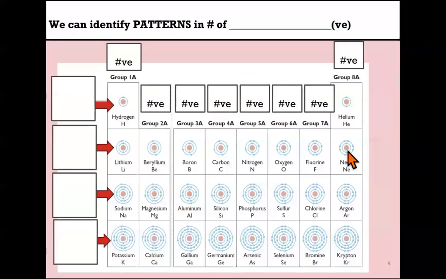One of the key ideas that you should be very masterful at by the end of this unit is that we can use the periodic table to identify patterns in the number of valence electrons. And we're going to abbreviate this phrase because we're going to use it so much, as VE. As we talked about, we read the periodic table from left to right in periods.